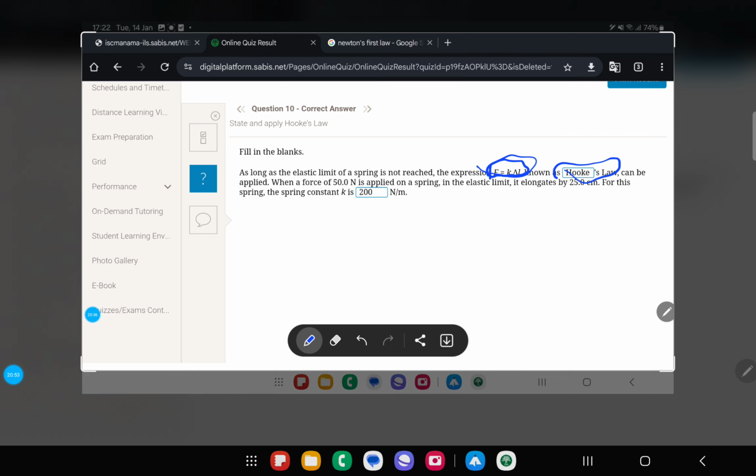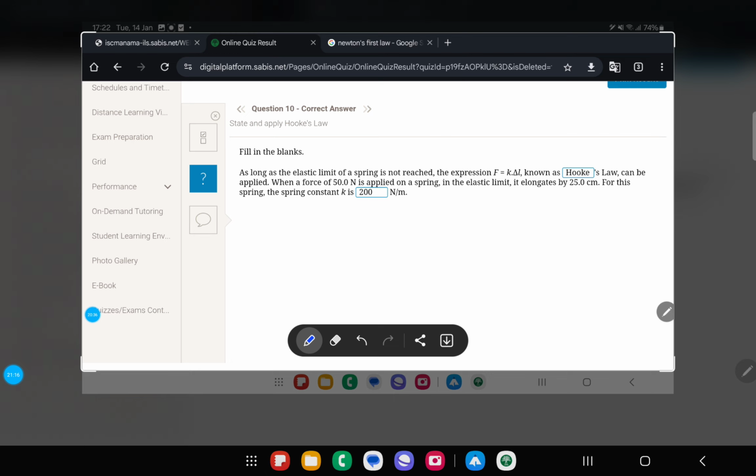So when you extend it, as long as it doesn't reach the elastic limit, Hooke's law can be applied. Okay, that's what they're trying to say here. Now, when a force of 50 Newton is applied on a spring within its elastic limit, it elongates by 25 centimeter. For this spring, the spring constant K is 200 Newton per meter.